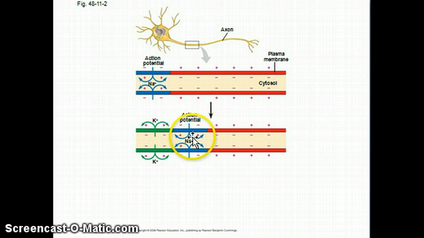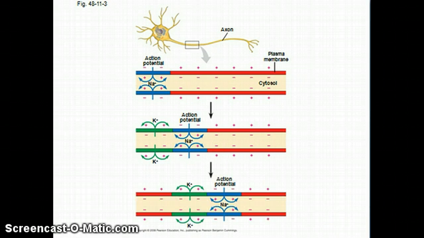And again, this positive charge in here is going to open up the next. But following right on the heels of this, we start to have the potassium channels opening up. And as they do, we return back to our negative charge on the inside.